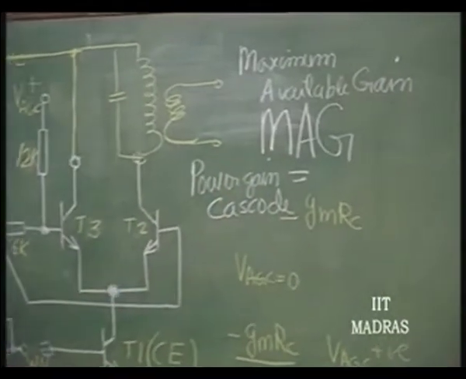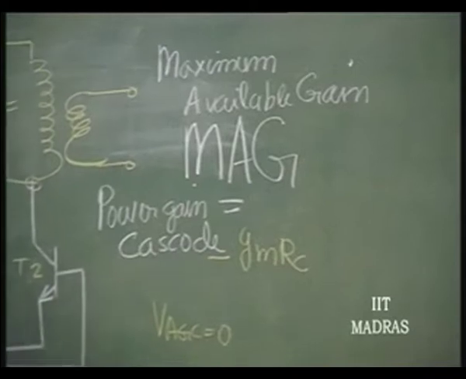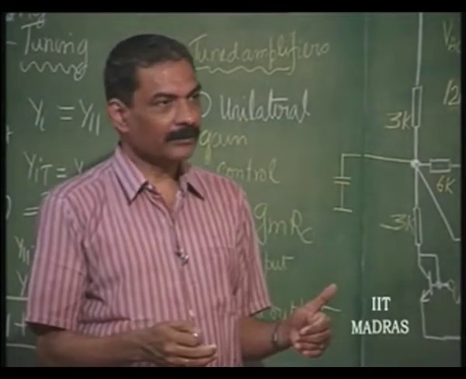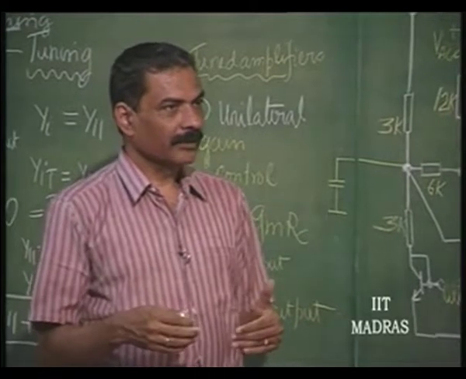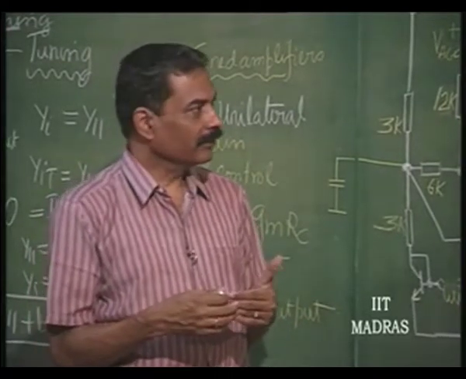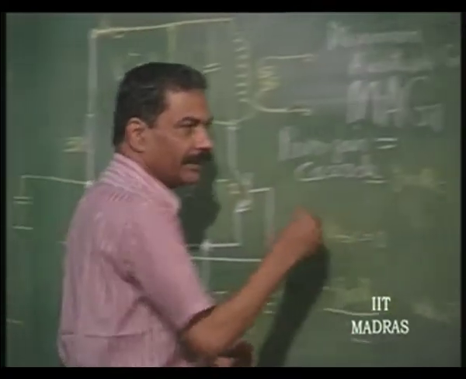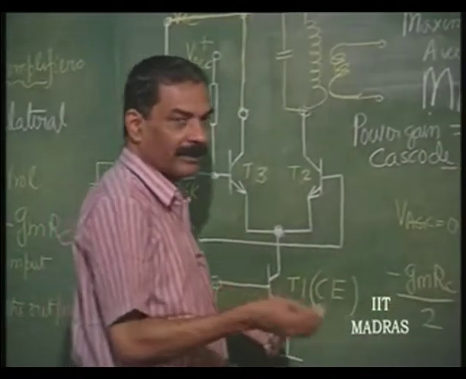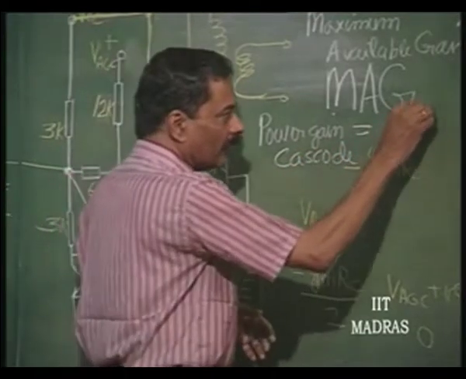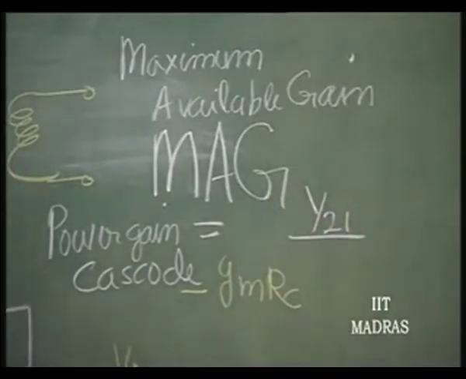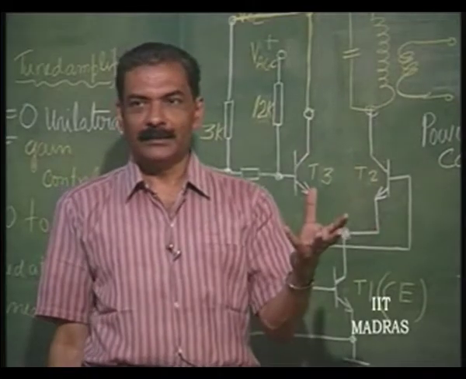Power gain by definition is nothing but voltage gain into current gain conjugate, right. So, if I have voltage gain expressed in terms of y parameters, which you can look back, voltage gain is y21, which is the same as GM at low frequencies, into RC.